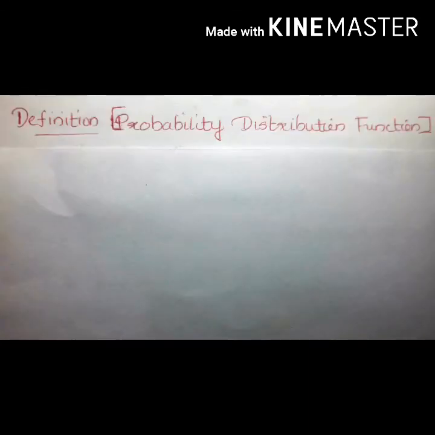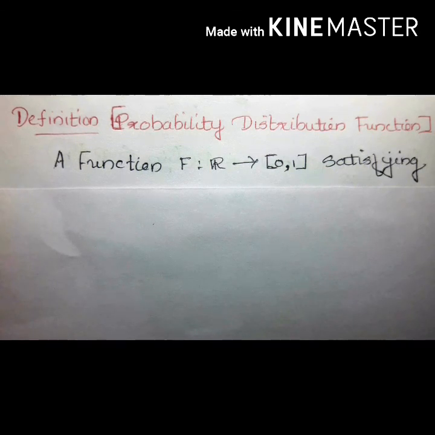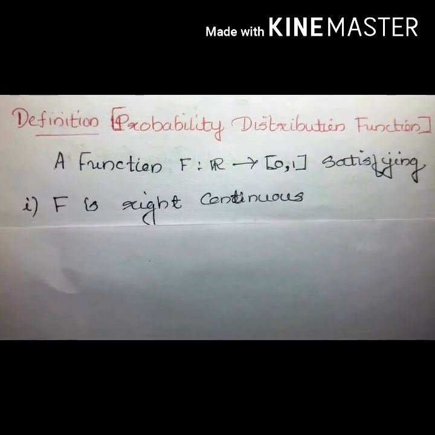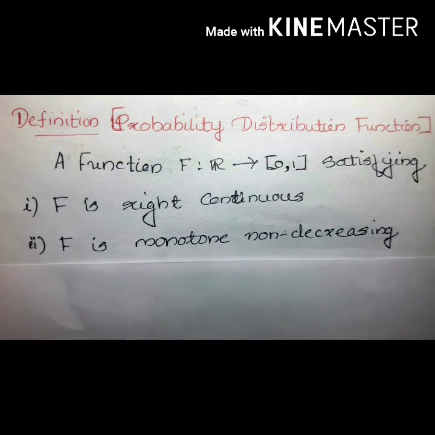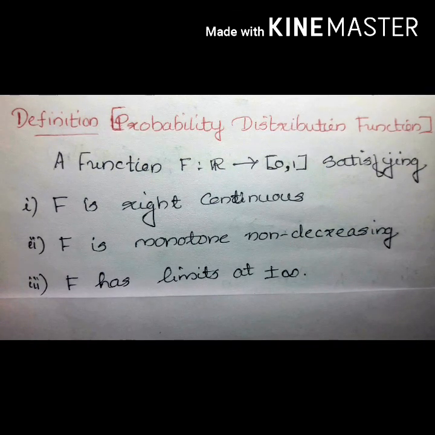Let's move on to the next definition, that is probability distribution function. A function f from R to closed [0, 1] satisfying: first condition, f is right continuous; the second one is f is monotone non-decreasing; and the third one is f has limits at plus or minus infinity.